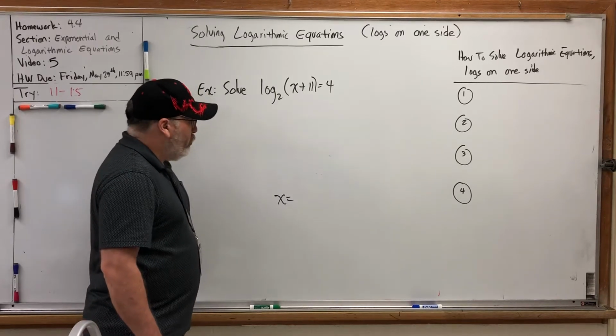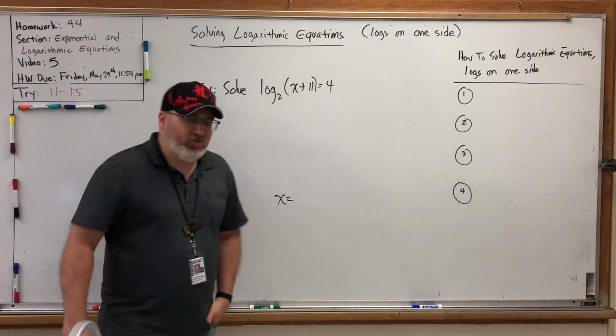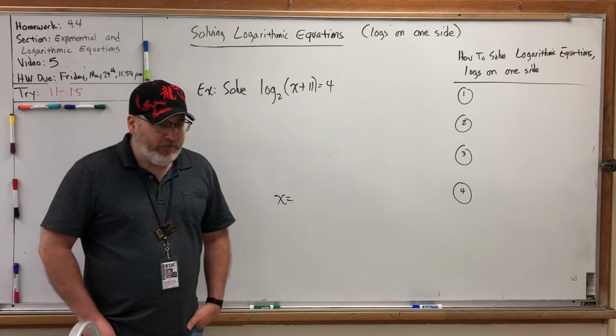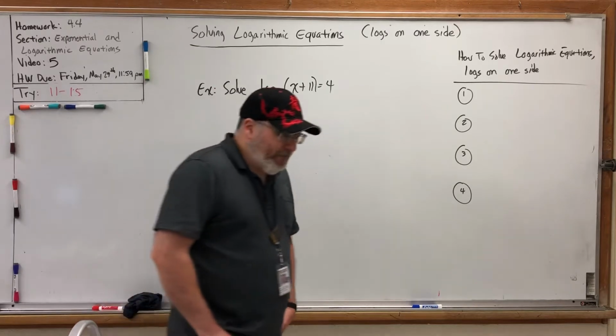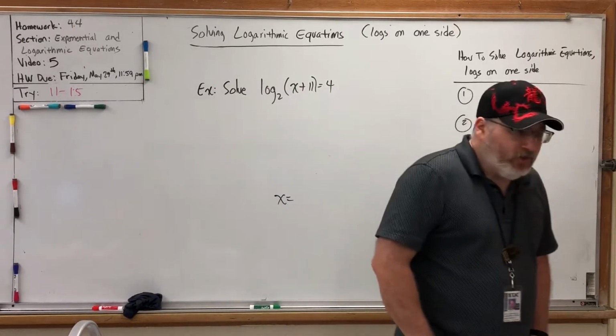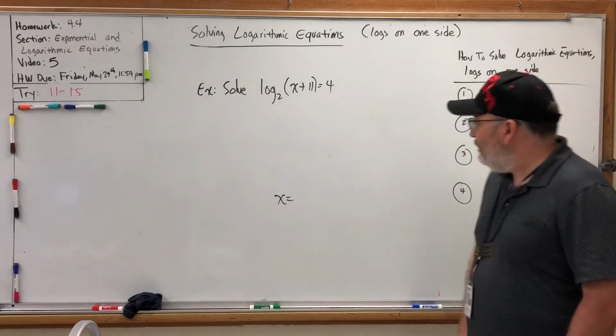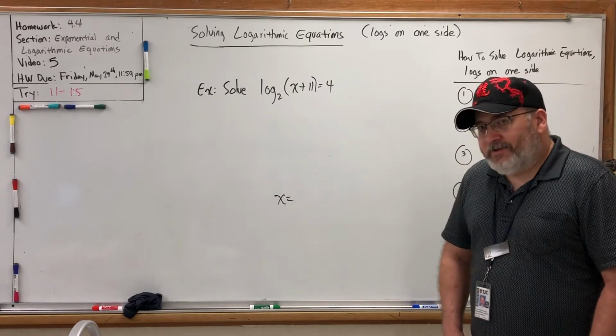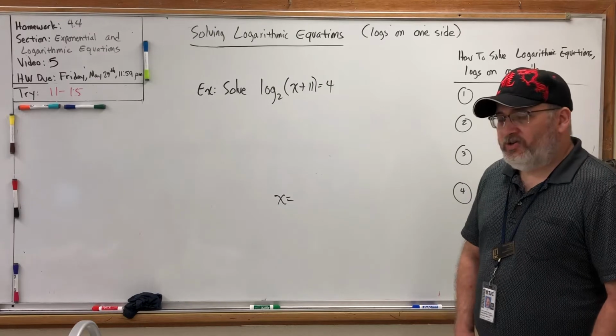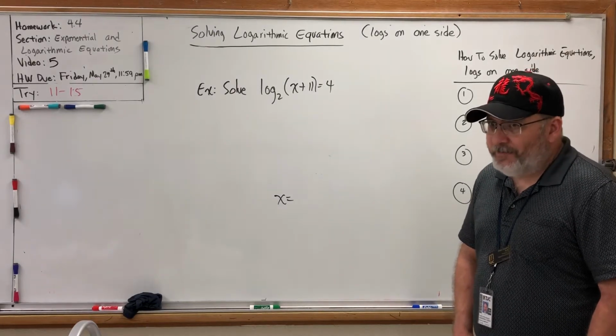The biggest obstacle right now is the fact that the x is located inside the argument of a logarithm. I don't want it there. So I need to find a way to get the x out of that logarithm's argument. Hey, didn't we rewrite logarithmic equations in exponential form once upon a time?